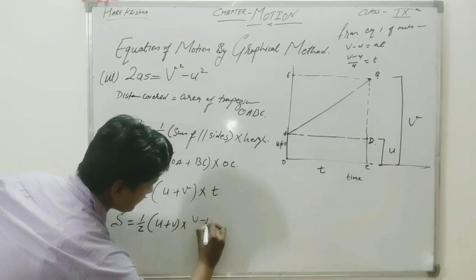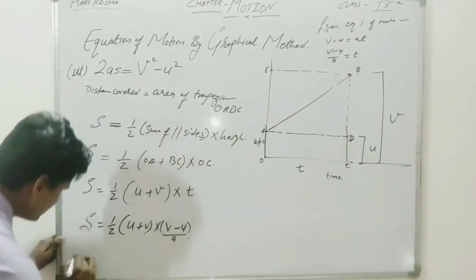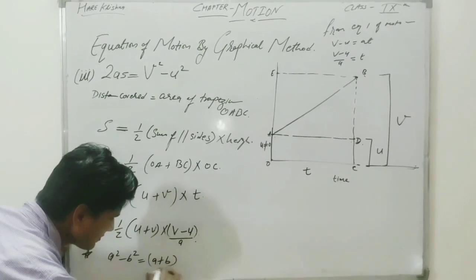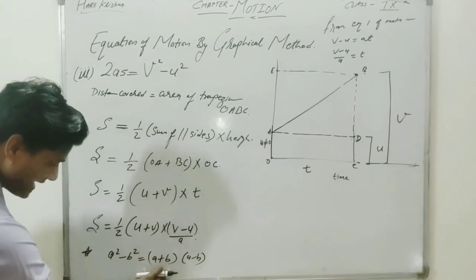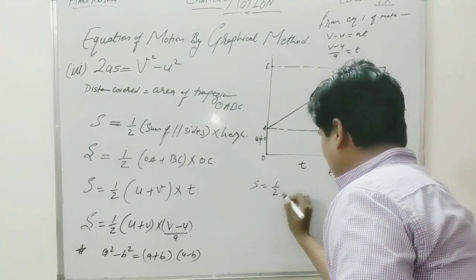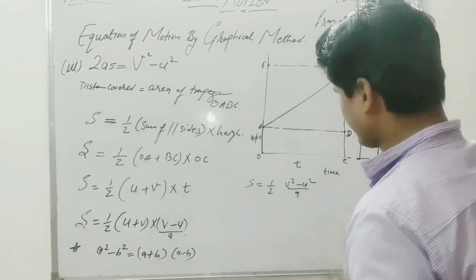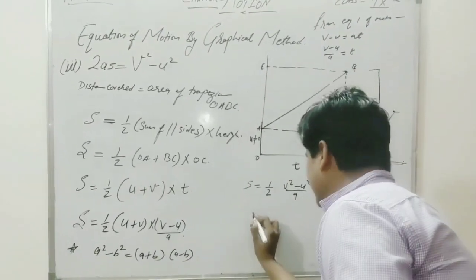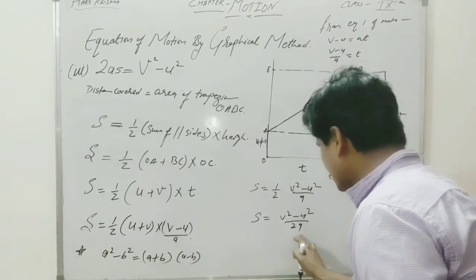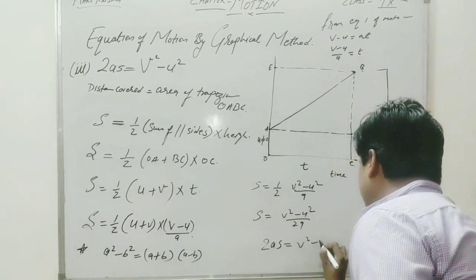We get V minus U upon A. Students, you know a mathematical identity, that is A square minus B square is equal to A plus B into A minus B. This identity can be used in the other equation, and we get S is equal to 1 by 2 into V square minus U square upon A. If I multiply the denominators, we get V square minus U square upon 2A, and if I take this 2A to this side and multiply it, I get 2AS is equal to V square minus U square.